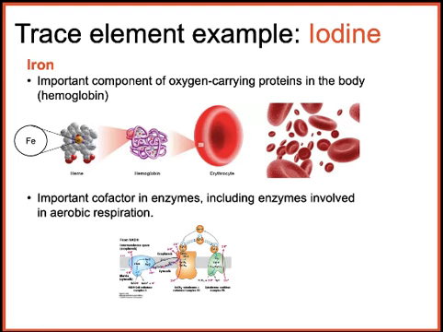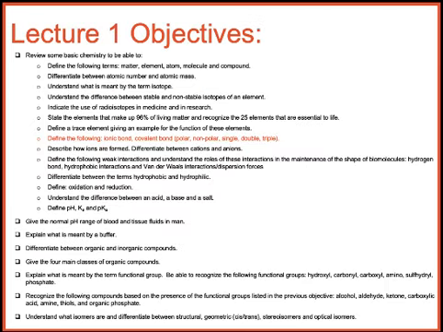Now, iron is also an important cofactor in other enzymes. Okay, so we'll see in cellular respiration, aerobic respiration, we're going to see iron being very important in this transport chain. Okay, bringing things from one place to the other.